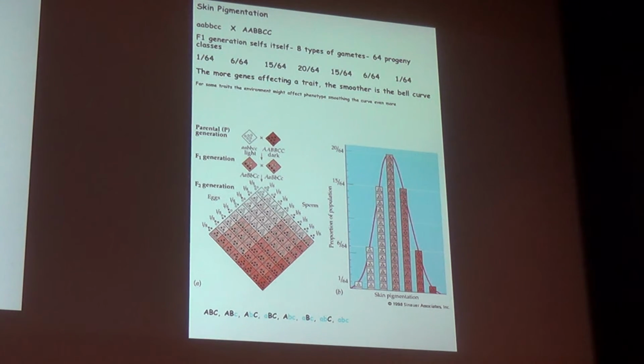Charts get so big very soon that you as an individual can't figure them out. You basically input the data into a computer. There are programs that then ultimately will spew out diagrams and give you ideas about how many genes are involved in this. So, the more genes affecting, the smoother the bell curve, etc., etc. You basically get the picture.